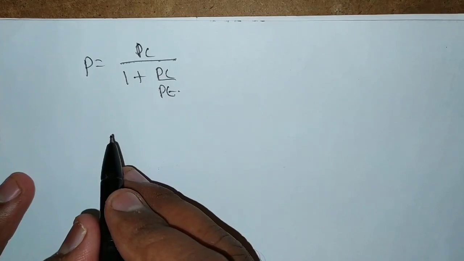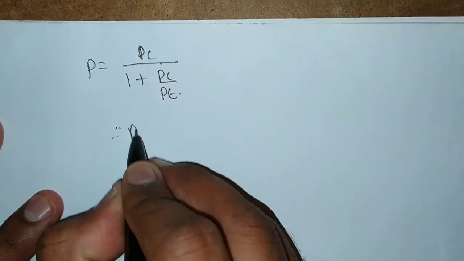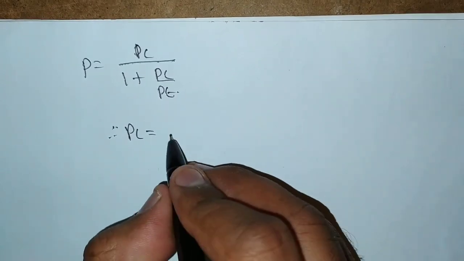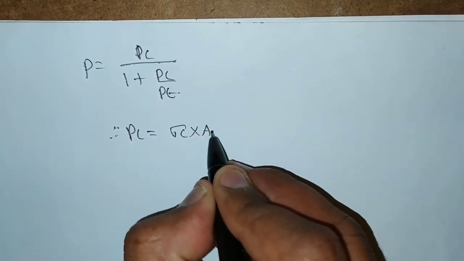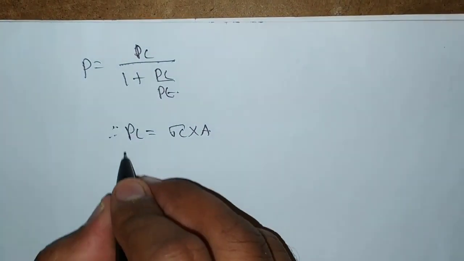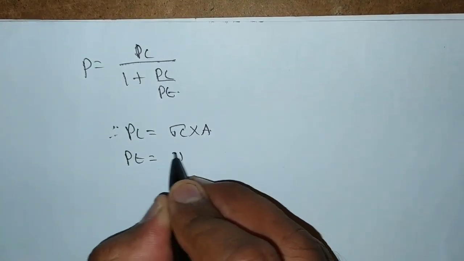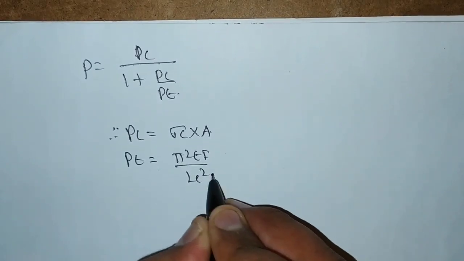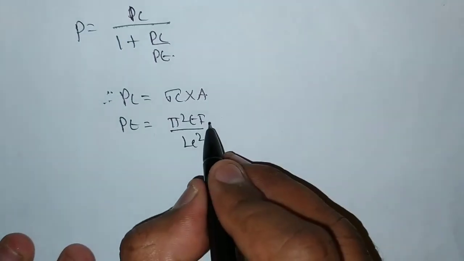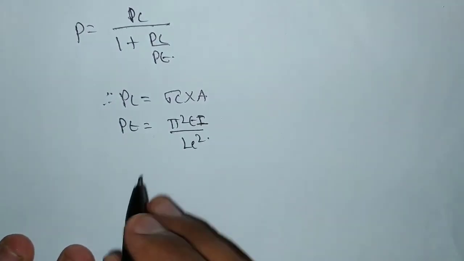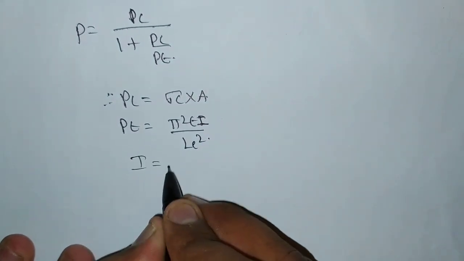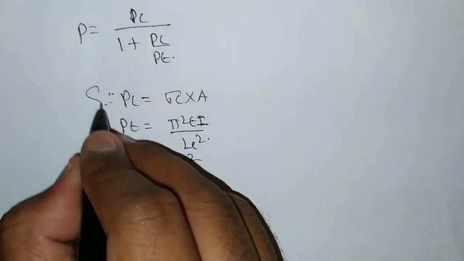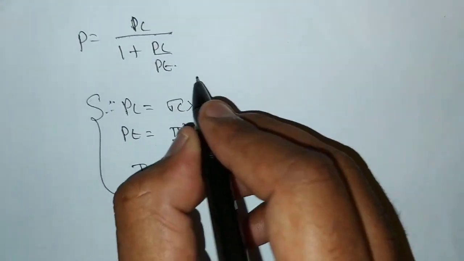At the starting of our Rankine's formula we have defined that the crushing stress, nothing but the compressive load PC, is equal to direct stress sigma C into A, where the value of PE can be written as pi square EI by LE square, the effective length. Here the value of I is nothing but the moment of inertia, so I can be written as AK square. This we have seen previously. Now we will substitute these three conditions in this equation.